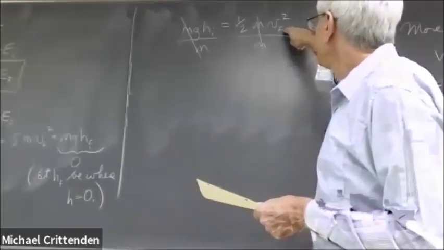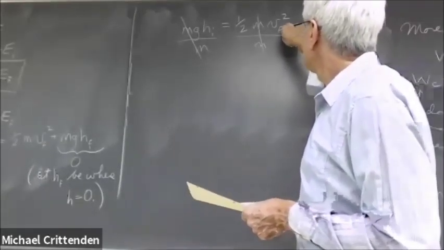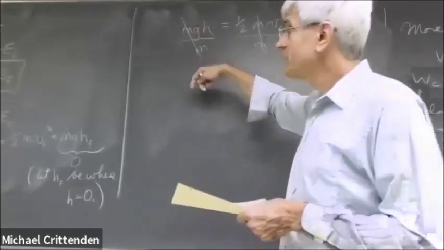V final is the thing I'm looking for. To solve for v final, I'll multiply both sides by 2 and then take the square root.